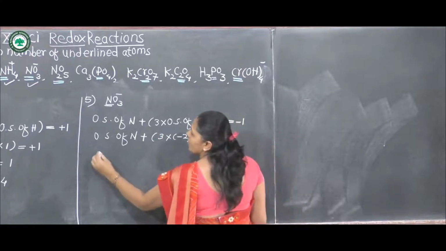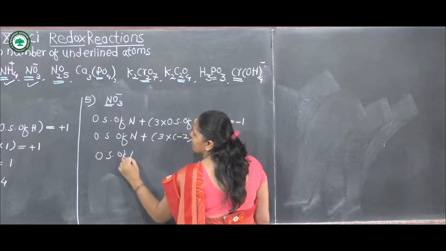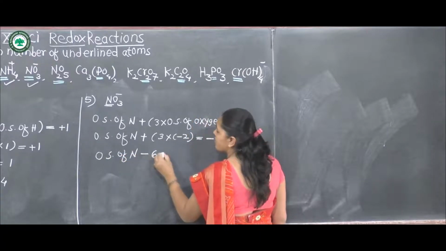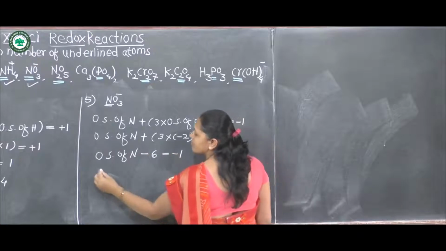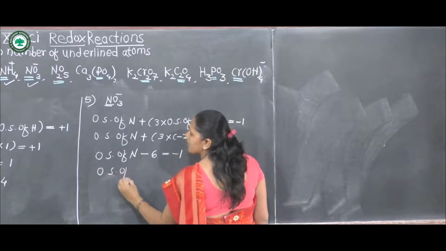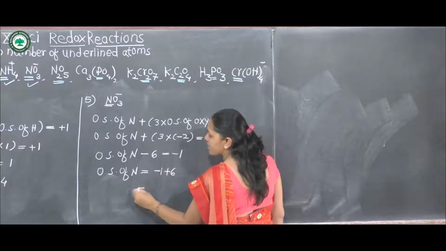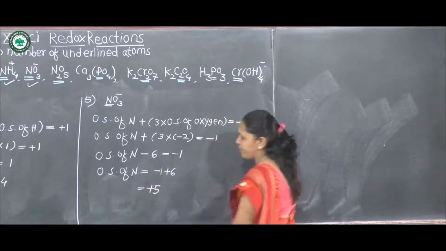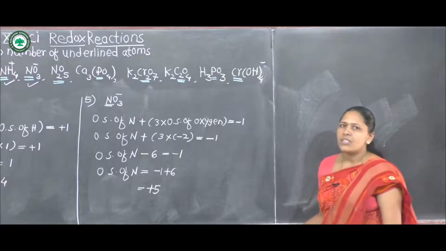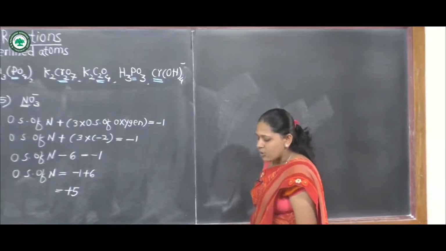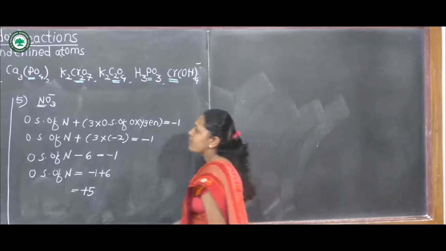Oxidation state of nitrogen plus 3 multiplied by minus 2 is equal to minus 6 is equal to minus 1. Oxidation state of nitrogen is equal to minus 1 plus 6, that is plus 5. This is the oxidation state of nitrogen in the NO3 minus species.